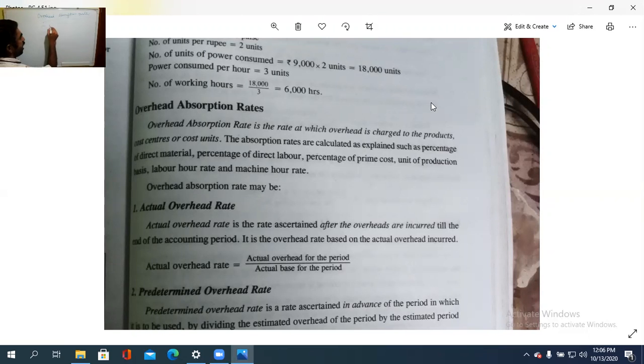Number one is actual overhead rate. It is the actual overhead for the period divided by actual base for the period. That is just for a theoretical purpose; not so much problem for this part.